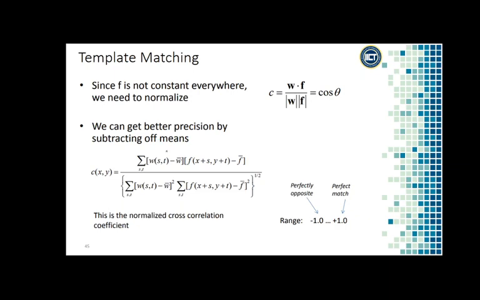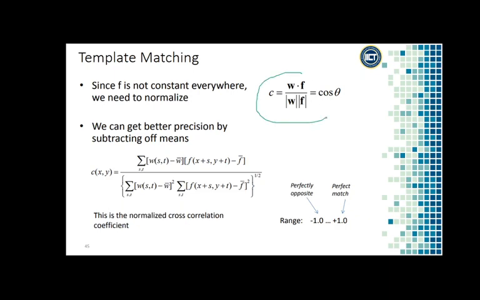If you subtract out the means here, it means that you are maintaining the consistency within the image. So you are actually normalizing the image.